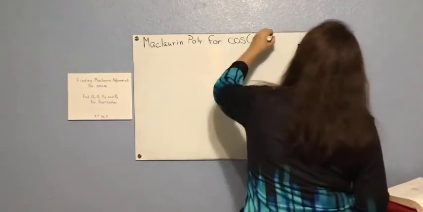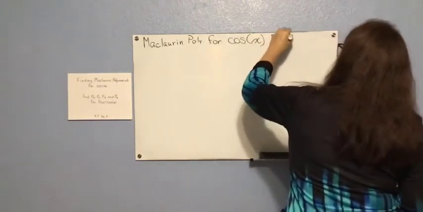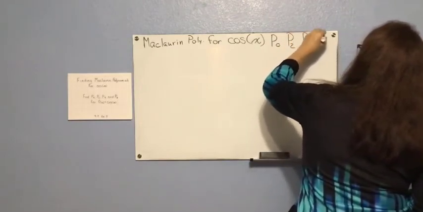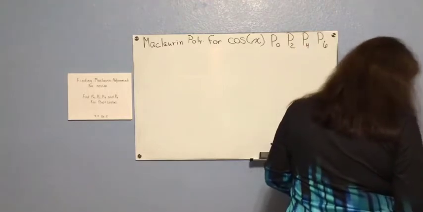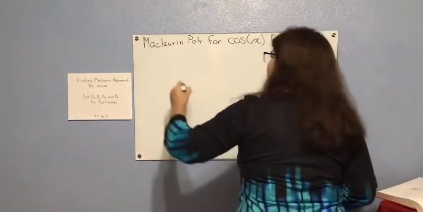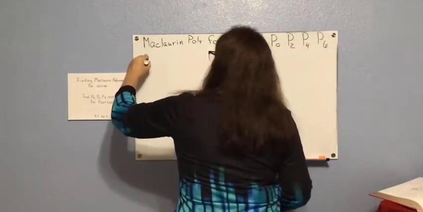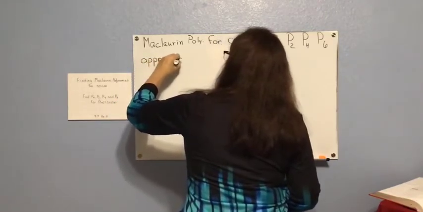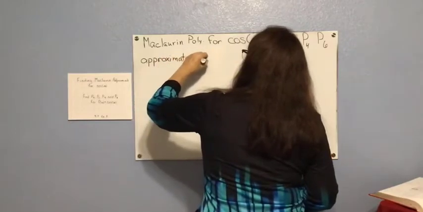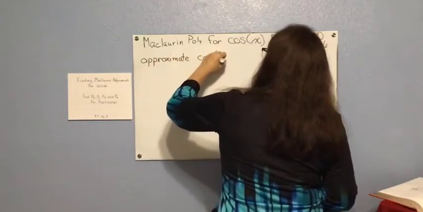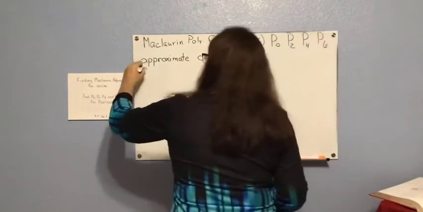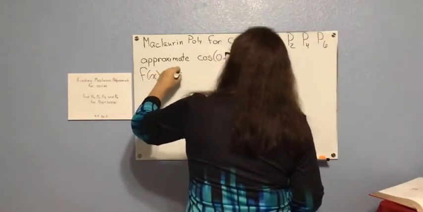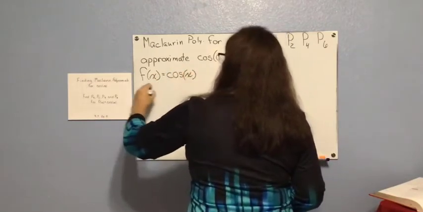And we're actually going to find p sub 0, p sub 2, p sub 4, and p sub 6. And we're going to use these to approximate the cosine of 0.1.